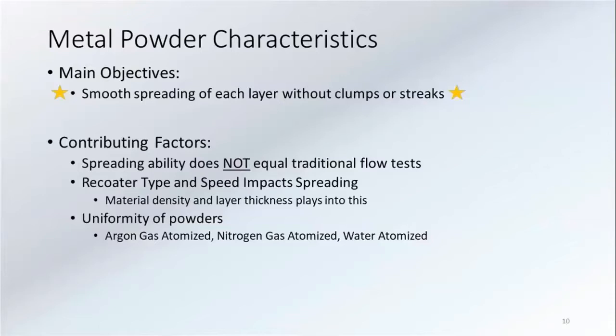So this is one where the traditional powder metallurgy that's used in traditional machining is good for a lot of these, but for laser powder bed fusion, we need a very specific one. So we use a very small portion of the overall lot that they're creating every time.